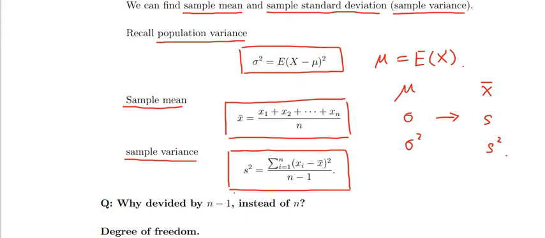So x1 minus x bar squared, plus x2 minus x bar squared, plus up to xn minus x bar squared. We denote this as summation, sigma, i from 1 to n. So add them up, and here we divide by n minus 1.